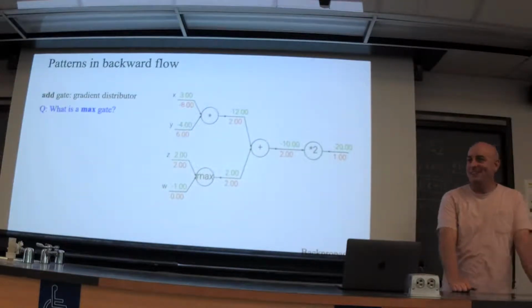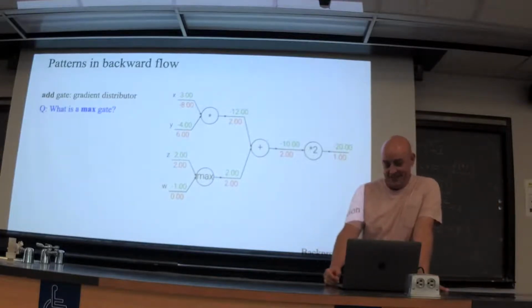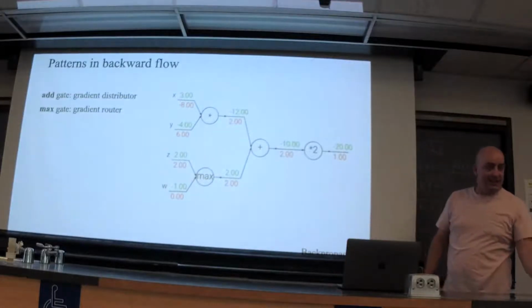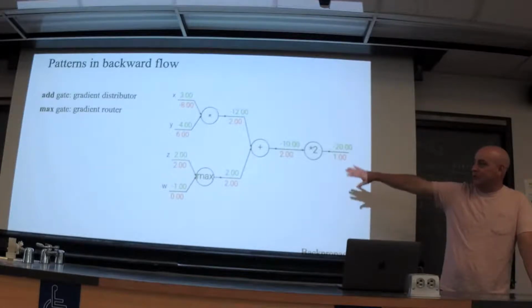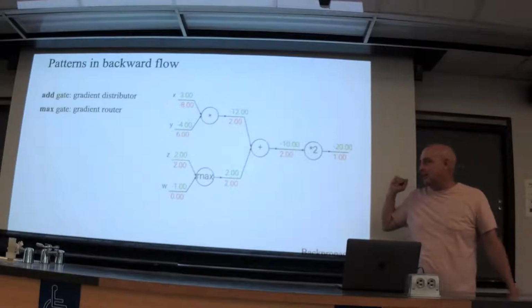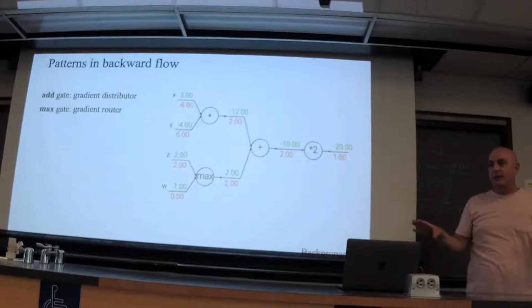A one-armed distributor, yeah. That's clever. Or maybe a router, routing toward the largest variable. It just routes the gradient to the branch with the largest variable, and the rest get a 0.